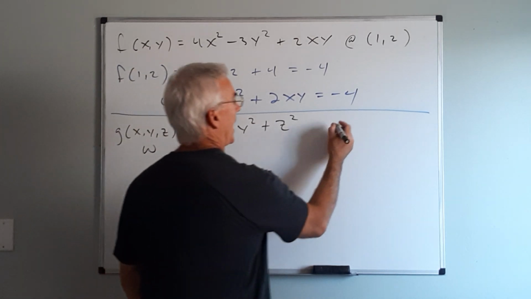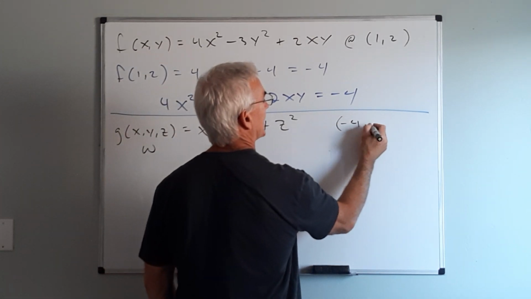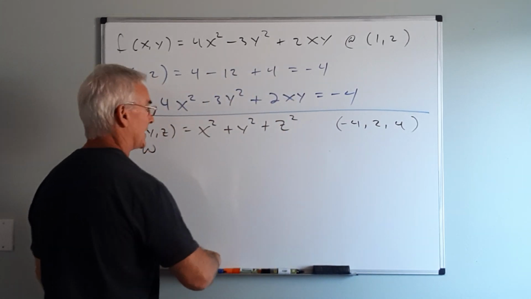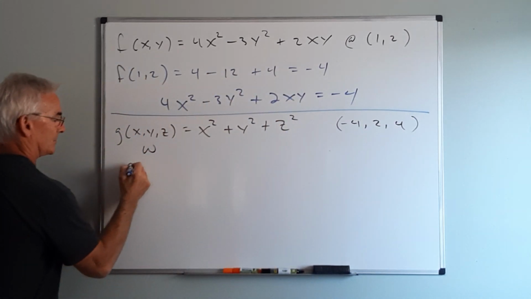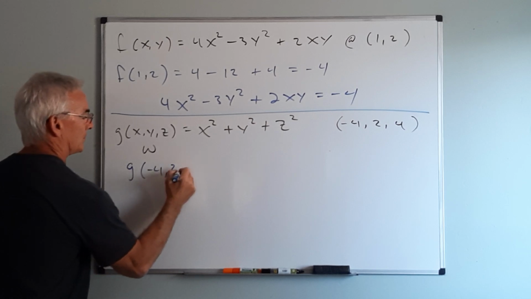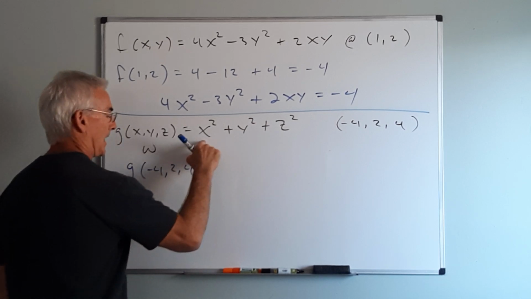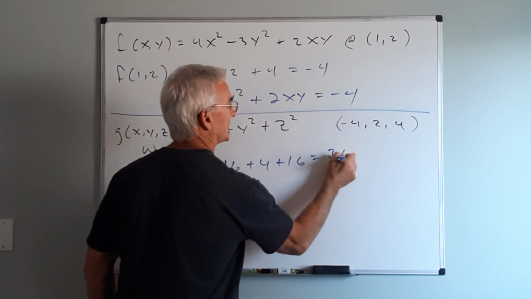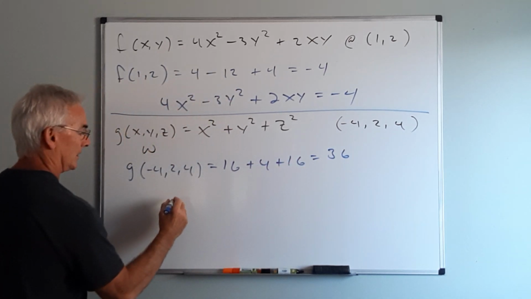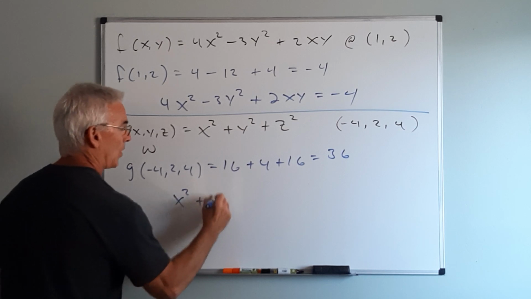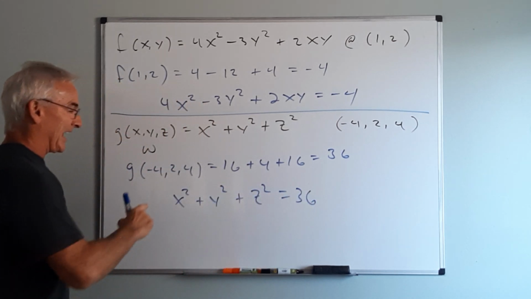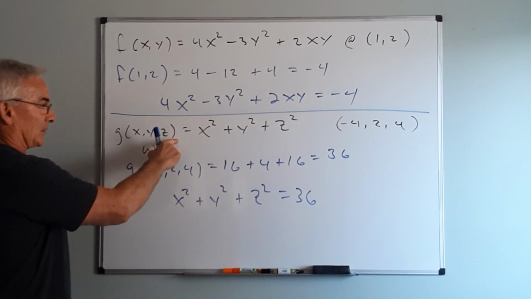So let's say I want to consider the point, how about negative 4, 2, 4. I want to make that my input. So if I said g of negative 4, 2, 4, I would get 16 plus 4 plus 16, which is 36, meaning x squared plus y squared plus z squared equals 36 is one particular solution of this.